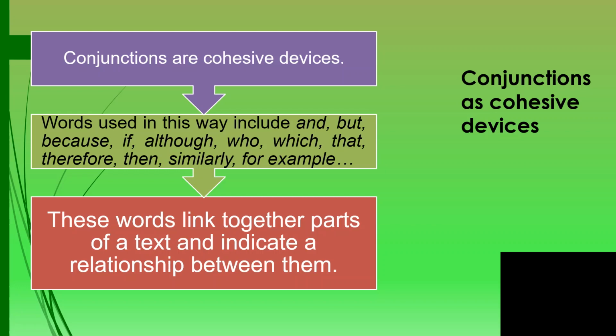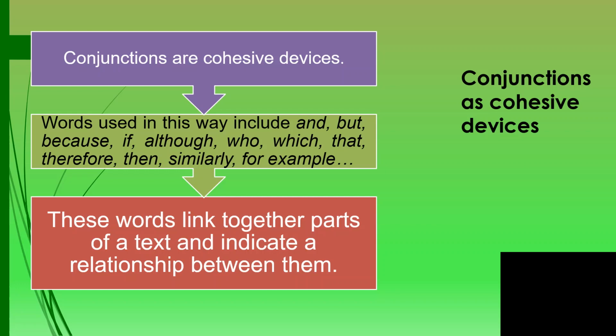That means they join items or clauses of the same weight. Then there are words like because, if, although, who, which, that. And those are, remember, subordinating conjunctions. You should remember these. Go to the PowerPoint called Other Word Classes and skim through those again.